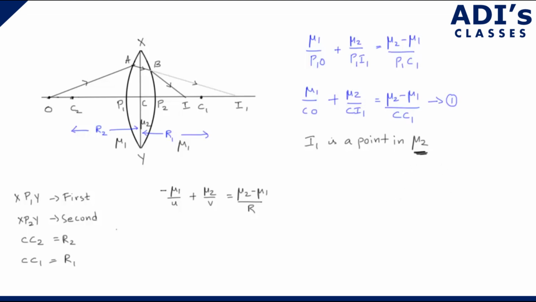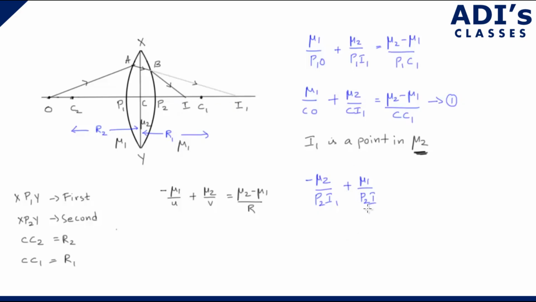Since this is in mu2, now what we have to write is minus mu2 divided by P2I1, from P2 to I1, because we are looking at the second surface now, plus mu1 divided by P2I, because the actual image is formed here in mu1.